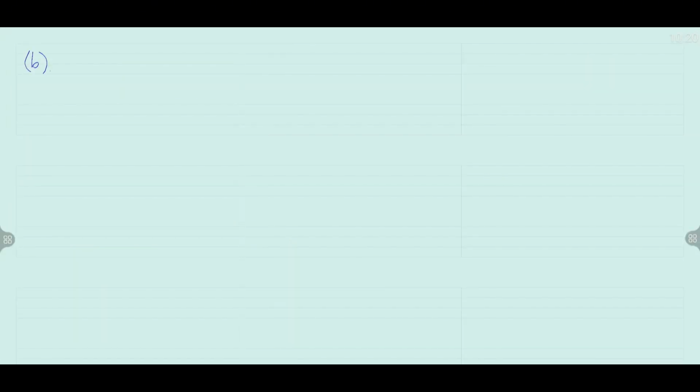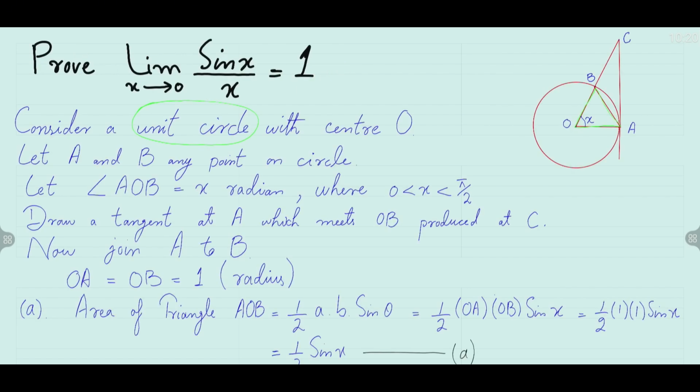Now in next, which is part B, we are going to find area of sector AOB, which is equal to 1 by 2 r square theta. This is the formula of area of sector in radian form.